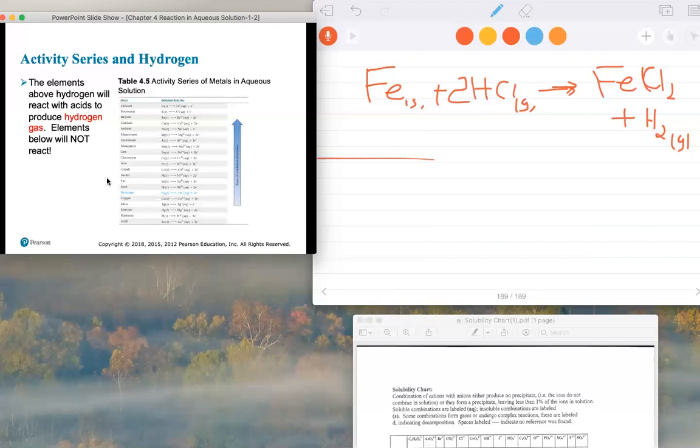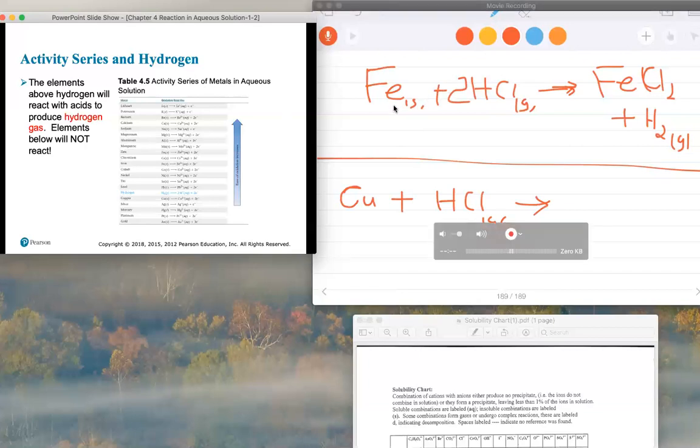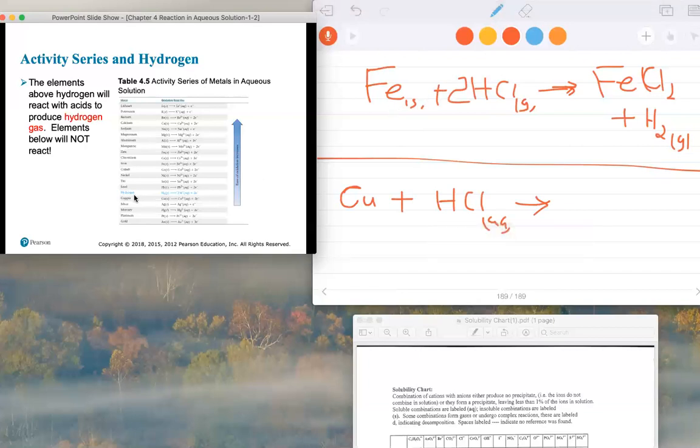If I have, say, copper plus HCl, it does not mean the reaction will take place just the way this one took place. No. Where is hydrogen?